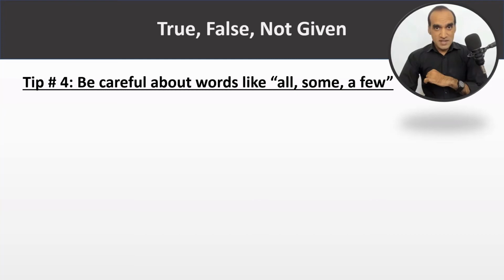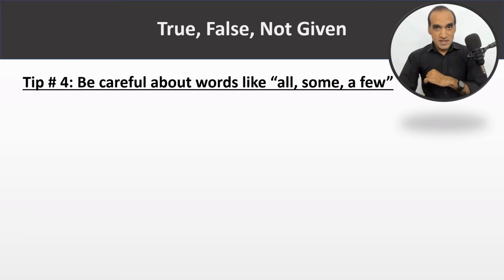You also have to be very careful about words like all, nearly, almost, sometimes. These words modify the meaning of the whole sentence. These words are nearly, all, some, a few, always, often, occasionally, more than, less than, or any other words of comparison like that.